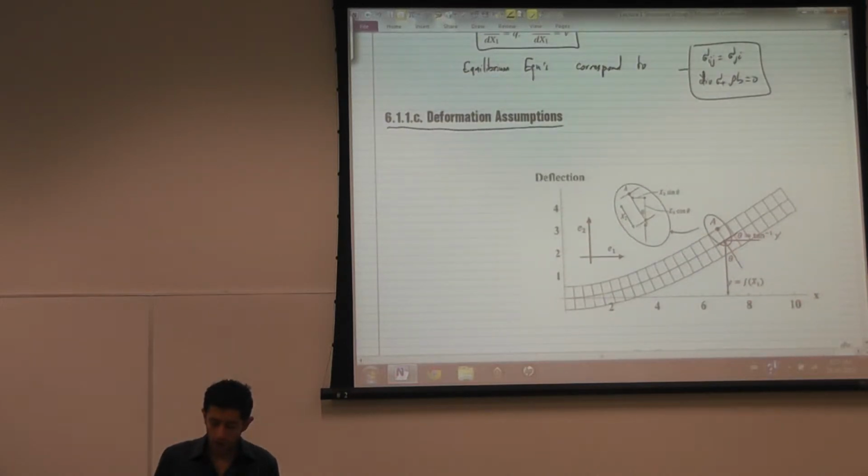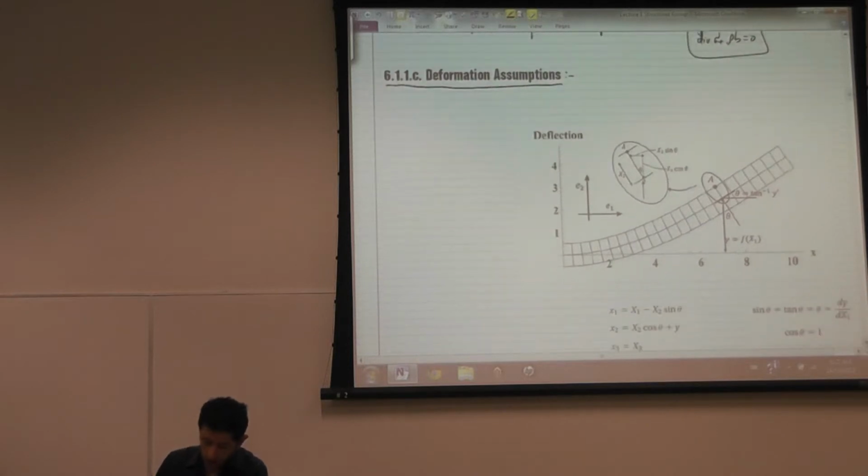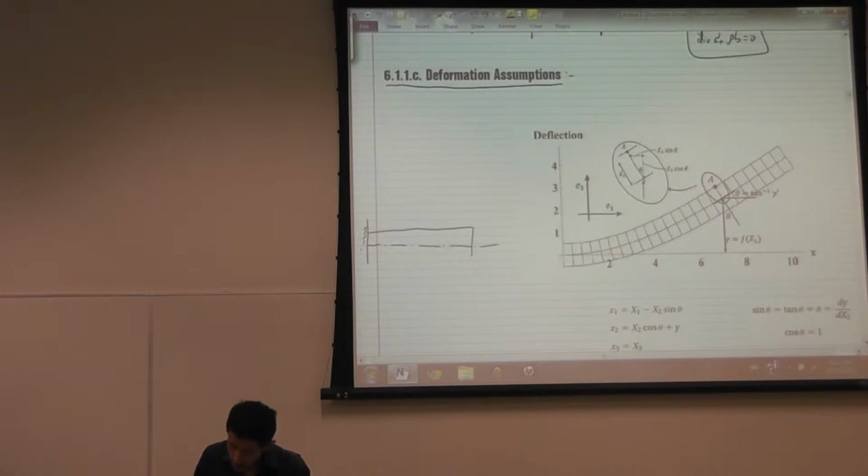What allows me to call it a beam is how it deforms. I assume the beam deforms such that, before deformation, the beam has this shape, and I'm interested in tracking this point.